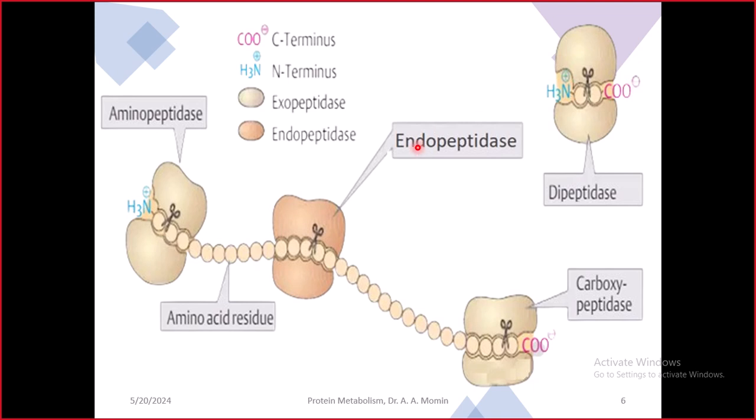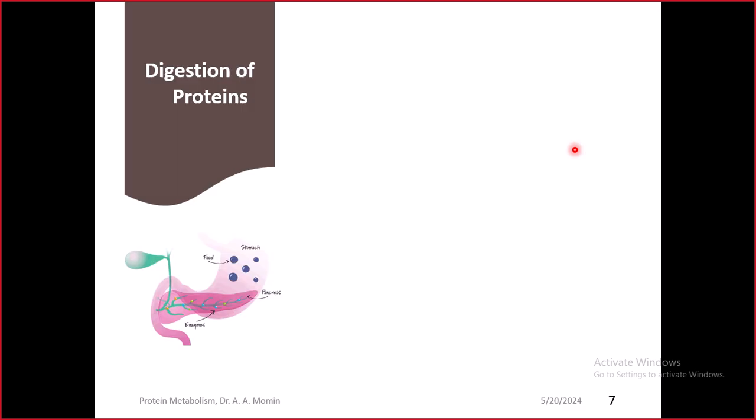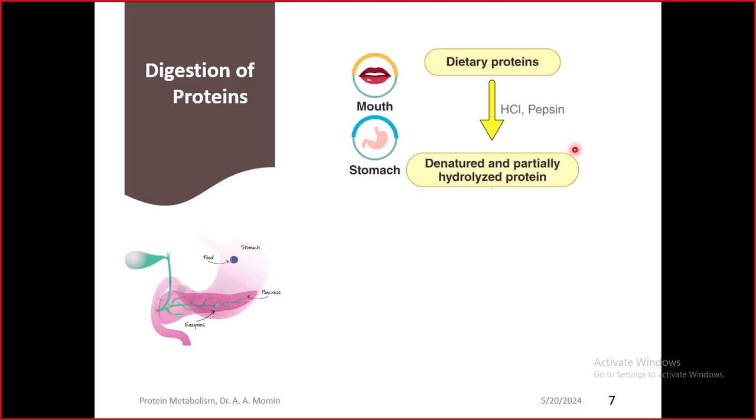So neither endo nor exopeptidase will act on this dipeptide. Instead, the dipeptidase will act and break the only peptide bond present in that dipeptide and convert it into two separate amino acids.